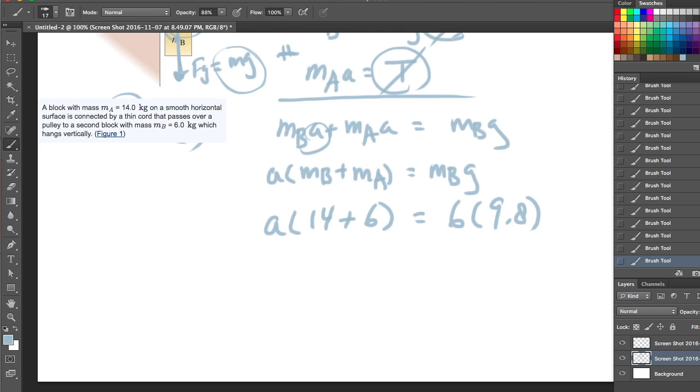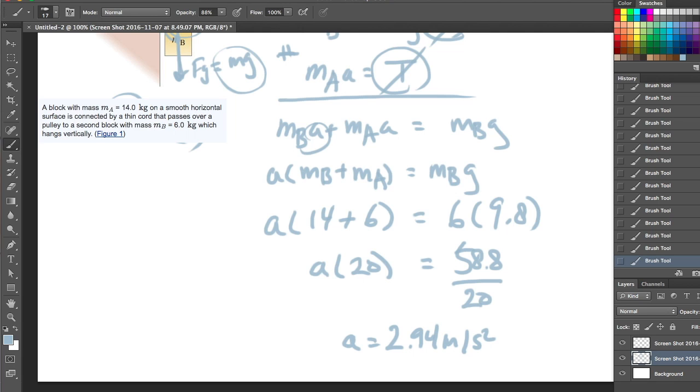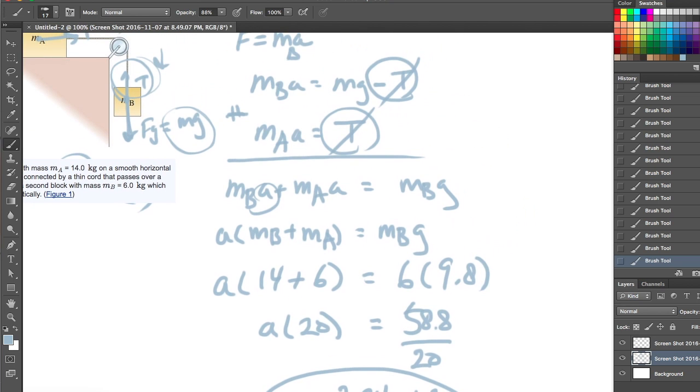Getting our calculators out, this is 58.8 equals 20 times A. We divide by 20, and we get the acceleration, which is 2.94 meters per second squared.